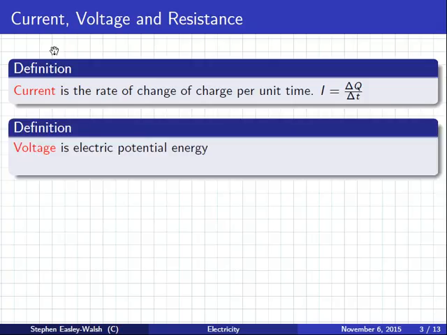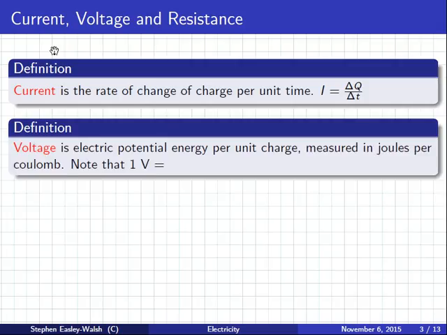Now, this is a new term, voltage. It's like potential energy. It's a type of energy, nearly, a potential energy. So it's electric potential energy per unit charge. So what exactly does that mean? It's joules per coulomb. 1 volt is 1 joule of energy per 1 coulomb of charge.